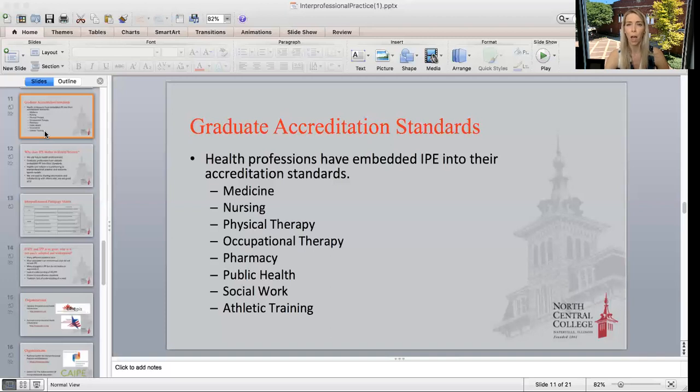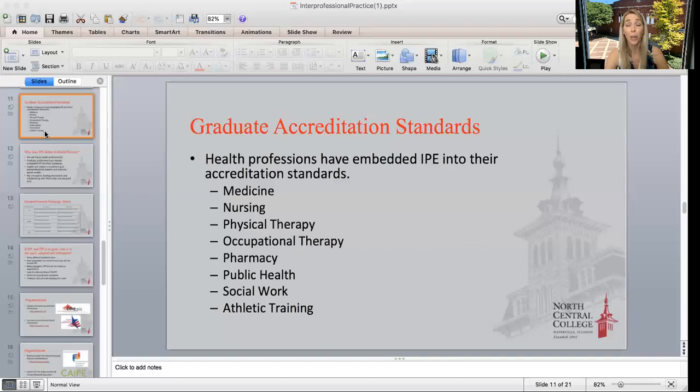They may focus, I'll use the OT example, a little bit more on pediatrics than geriatrics. Okay, that's fine. So you might get a little more developed in pediatrics at that school. But at its core, you will understand anatomy and different aspects of OT.